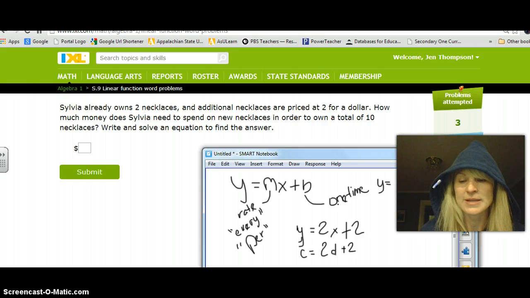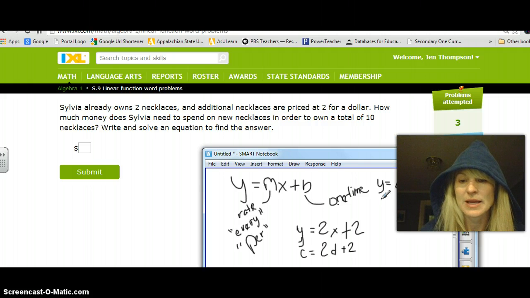So that's something she has, it's not changing. But then she's going to get additional necklaces that are priced at 2 for $1. So that's 2 for every $1.